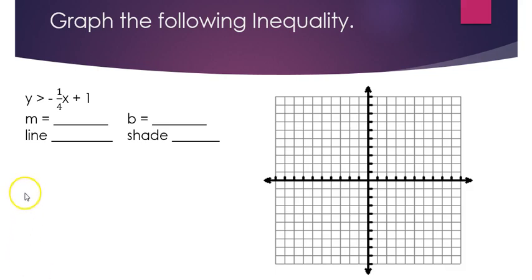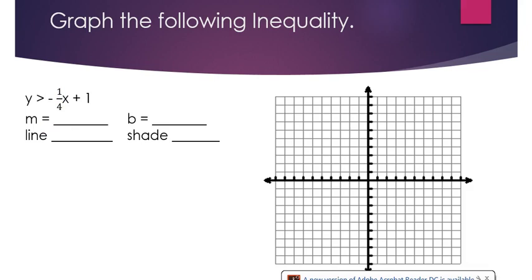Now, if we want to graph the inequality, the first thing you're going to do is identify your slope and identify your y-intercept. So again, slope is the coefficient. Well, first of all, our inequality is already in slope-intercept form, right?